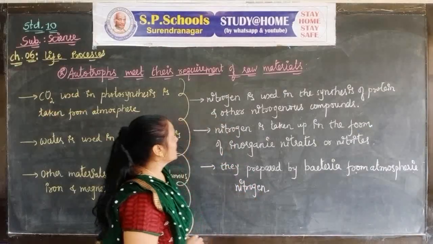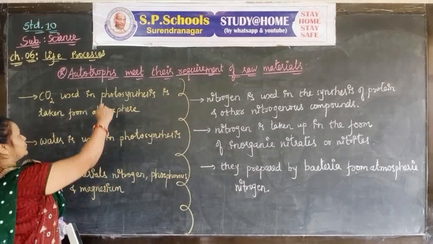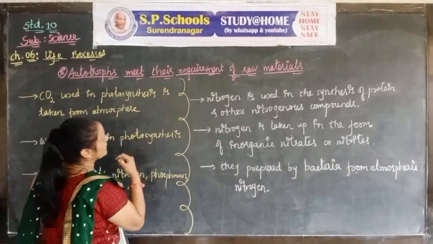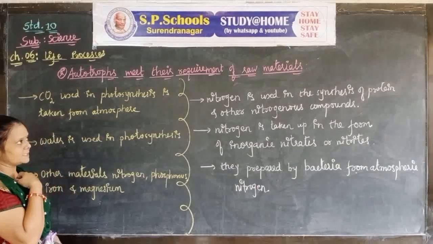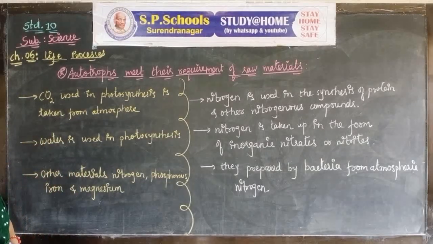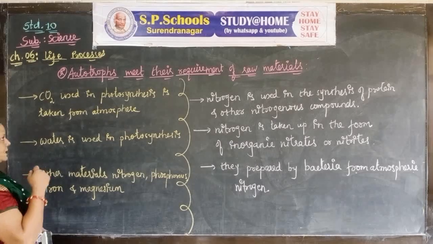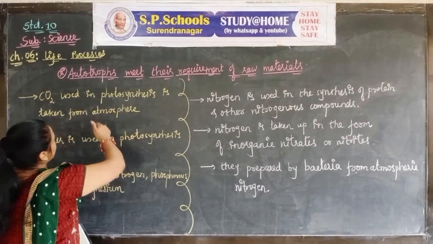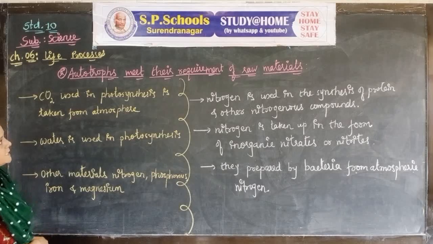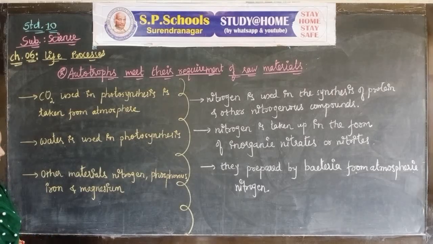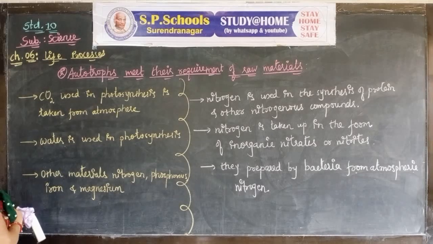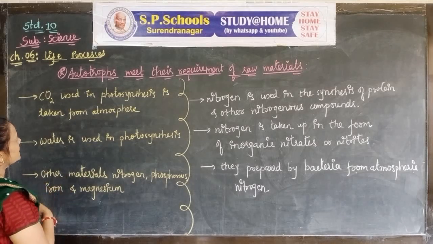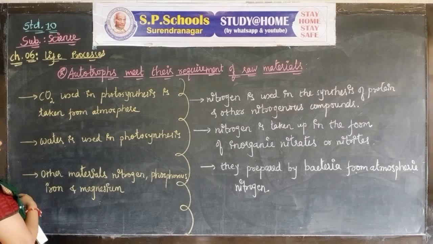Let's see how autotrophs meet their requirement of raw materials. When they prepare their own food, they need raw materials. So how do autotrophs meet their requirement of raw materials? Let's see the points. In 3 ways autotrophs meet their requirement of raw materials.